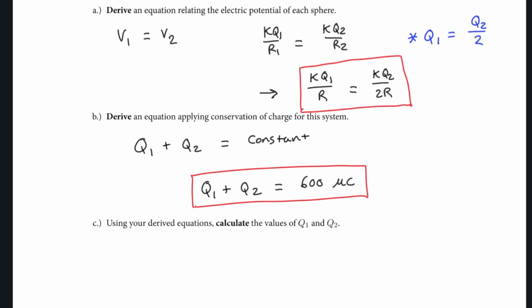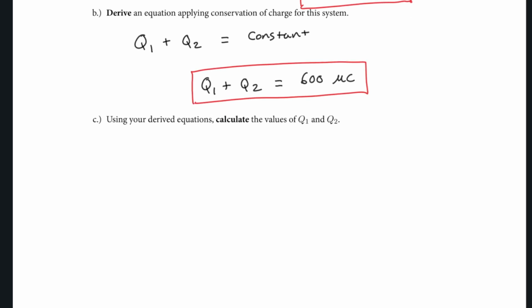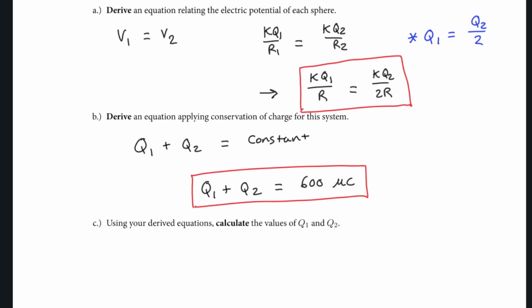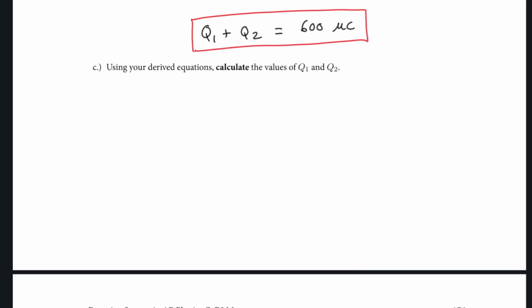All right, now it's linear system time. Calculate Q1 and Q2, and then maybe see how we as smart people could have seen this value coming without dealing with systems. Our first equation reduced to Q1 equals Q2 over 2. And our second equation was Q1 plus Q2 equals 600 in units of microcoulombs.